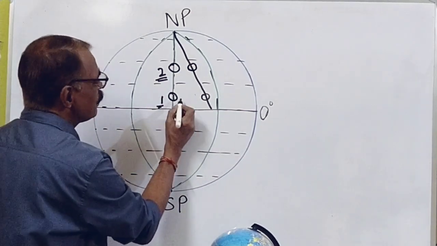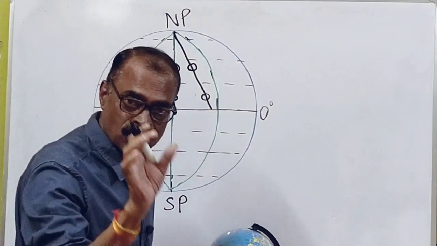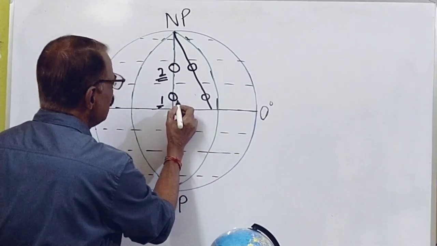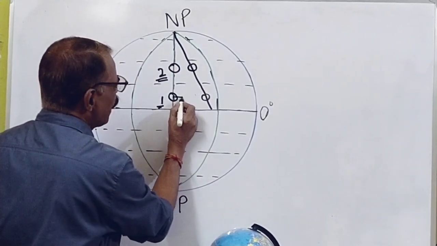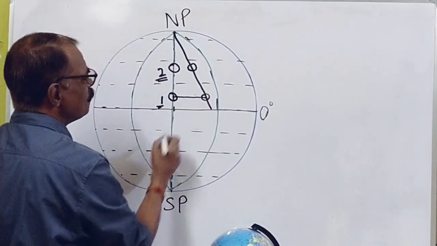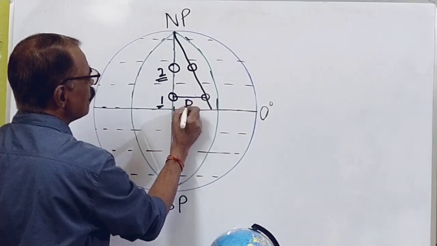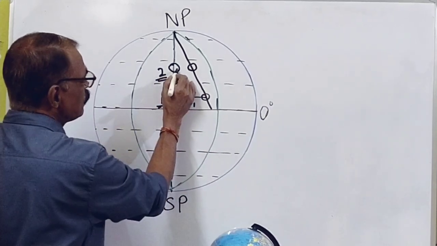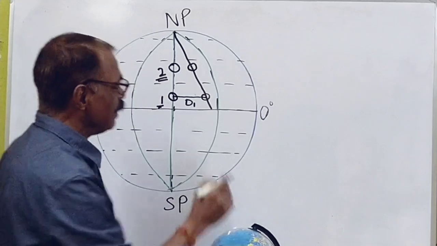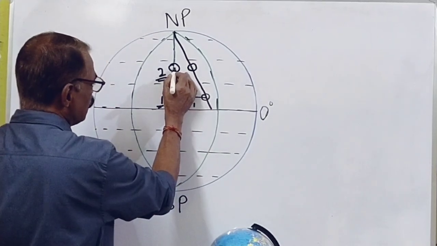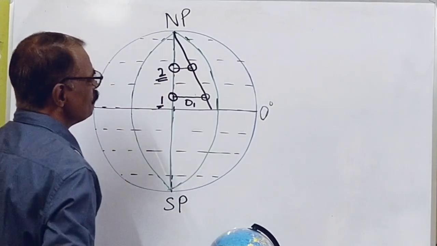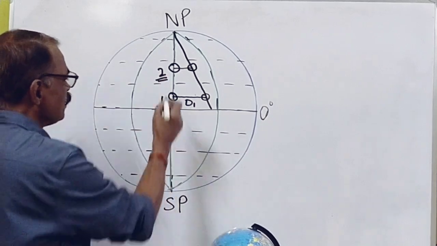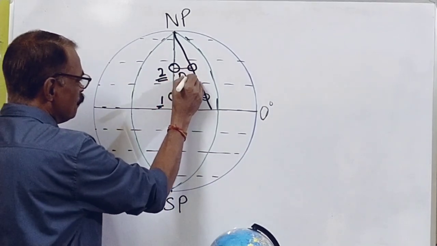This object, in 1 hour's time, has traveled this distance. Say this is D1. And this object, in 1 hour's time, has traveled this distance. Say this is D2.